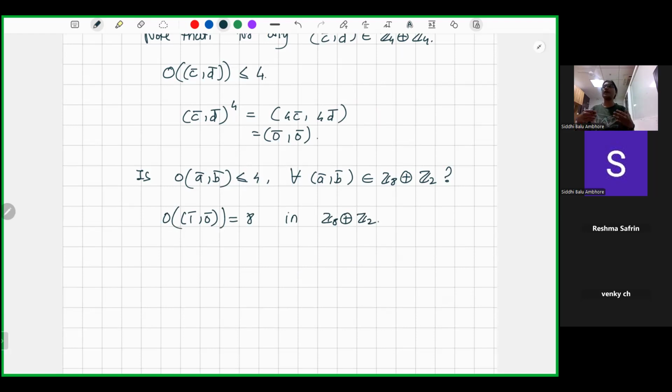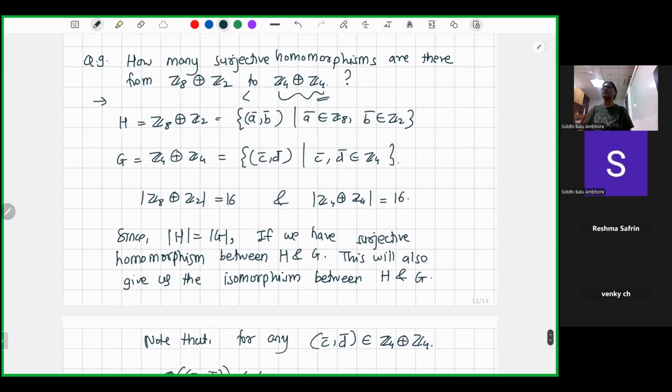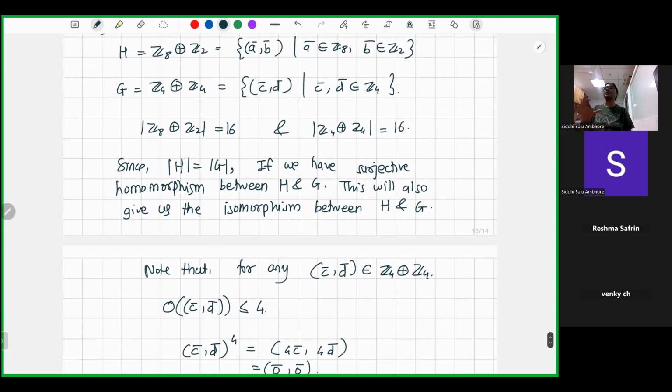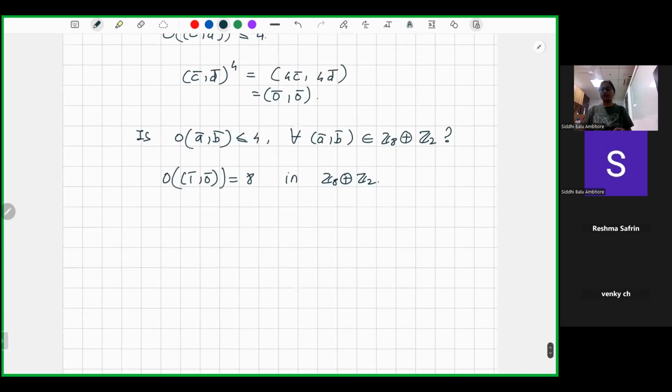But if an isomorphism was there, the two groups would essentially be the same as a group. If there is an isomorphism, and in the domain I have an element of order k, in the codomain I will again have an element of the same order, and vice versa. But here that's not happening.